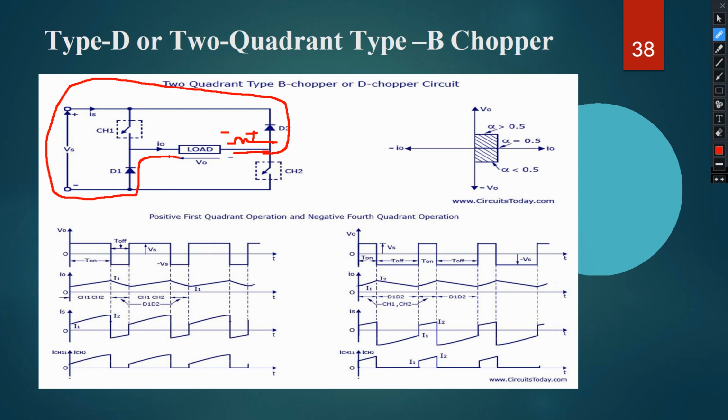That means the direction of the current is always from left to right, but the polarity is reversed now. Initially it was like this, now it is like this. So V0 shifts from first quadrant to fourth quadrant, that means on the negative side, while I0 is on the positive x-axis.